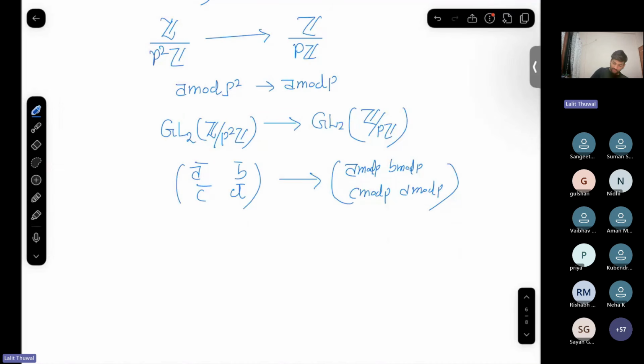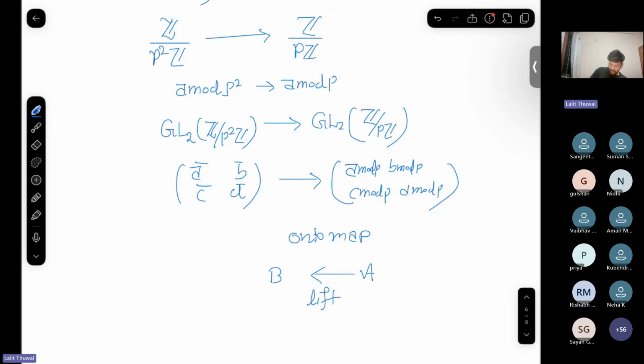So how can we count its order? We know its order, and if we know the order of the kernel, and this is an onto map... Onto map. Anyone, can you tell me why it is an onto map? Let me tell you. Suppose you pick a matrix A, just take its lift here.